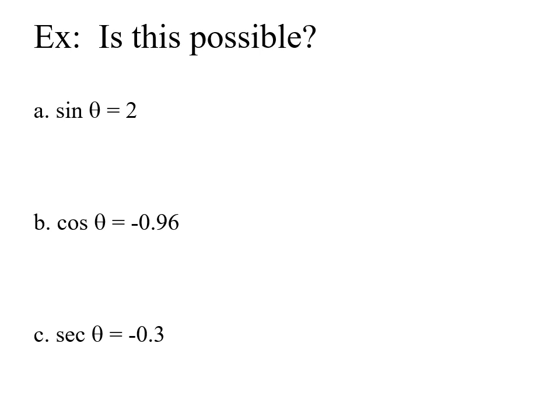Like, for instance, is this possible? Can you have sine theta be equal to 2? And the answer is no, this is not possible. The reason is because sine theta has to have values between negative 1 and 1. It can't be equal to 2.